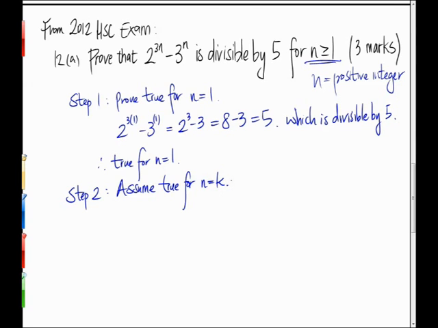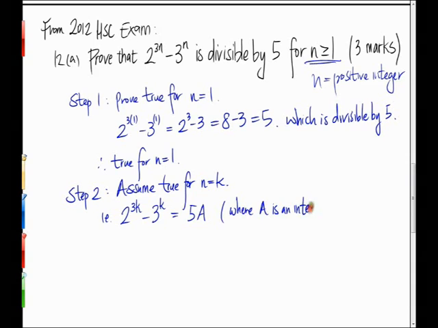That is 2 to the power of 3k minus 3 to the power of k. Now when it's divisible by something, you just write equals 5a, where a is an integer. It would have sufficed to just say a is an integer.